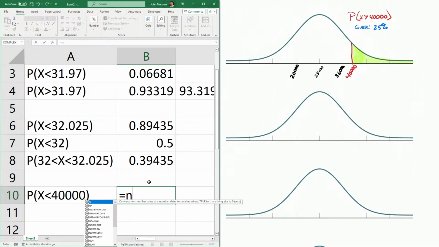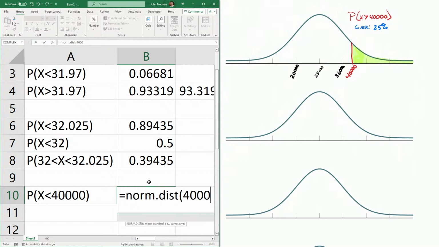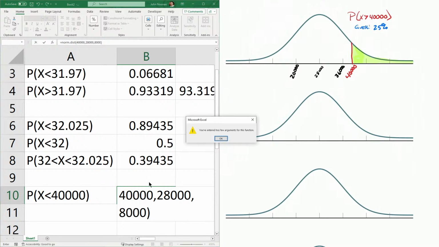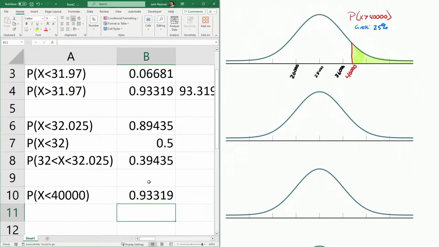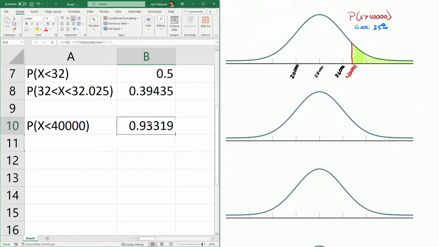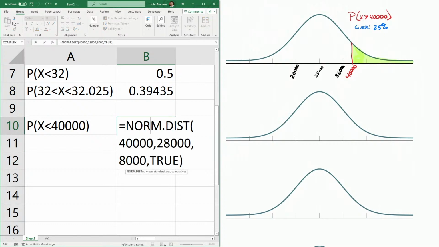So this is going to be NORM.DIST of 40000, don't put a comma, 28000, don't put a comma, 8000, comma, true. I forgot the true there. So let me make it so you can see the whole thing. There it is. So there's what I typed in.